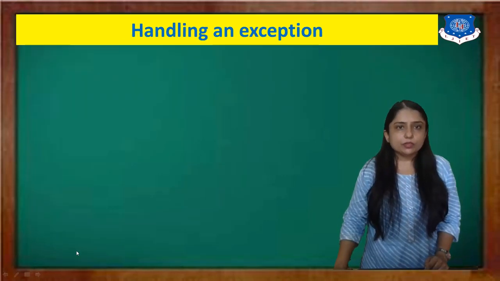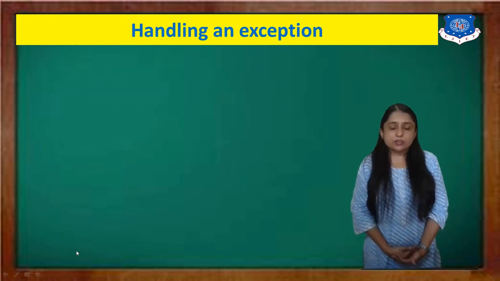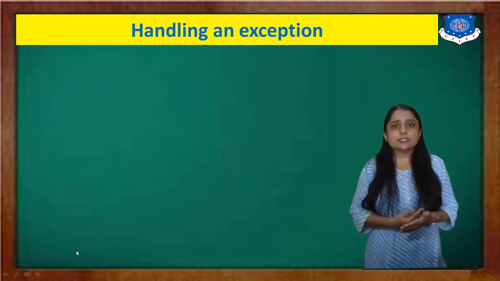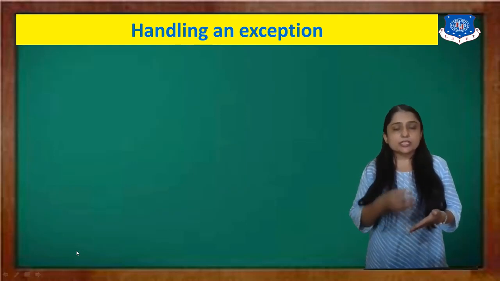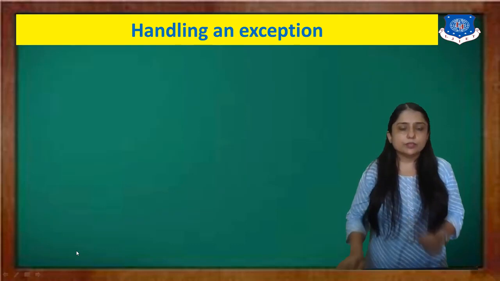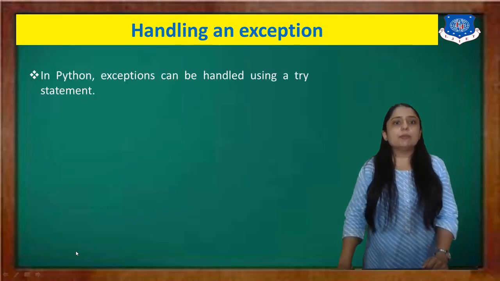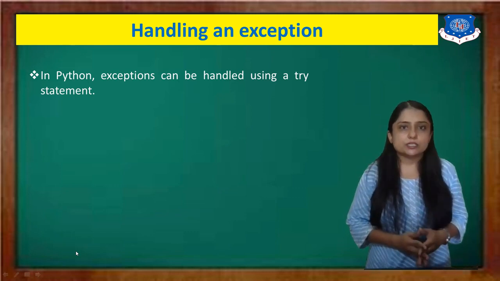Now, next, how can we handle this kind of exception? Now we know the difference between the syntax error and the exception. But if any exception occurs in my program, how can I handle it? For that, in Python, the exception can be handled using the try statement.